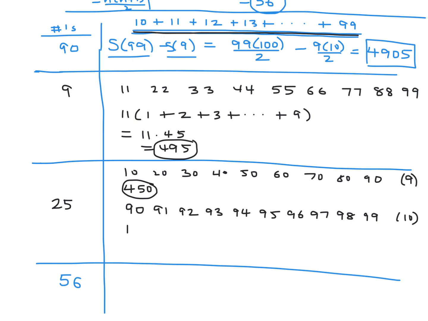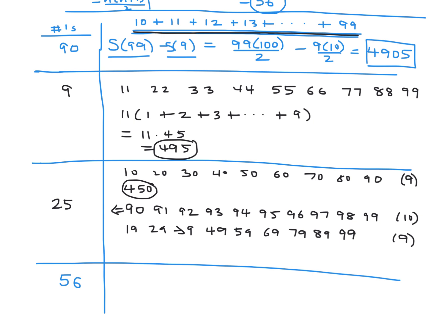So I can't have 19, 29, 39, and so on, 49, 59, 69, 79, 89, or 99. And that's what, 9 numbers? Yeah, 9 numbers. Okay, now this sum right here, all of these guys, you can add those up pretty quickly.